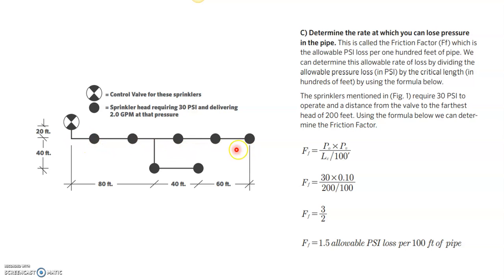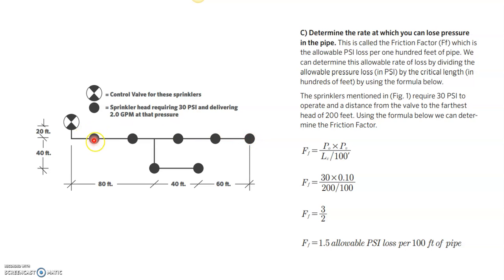For example, if this is 30 psi, the initial head may experience higher pressure, say 35 psi, because some psi is lost due to frictional loss. But the ultimate rule of thumb is we need to maintain at least 30 psi at the farthest head.